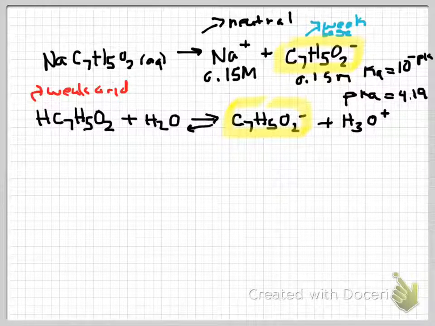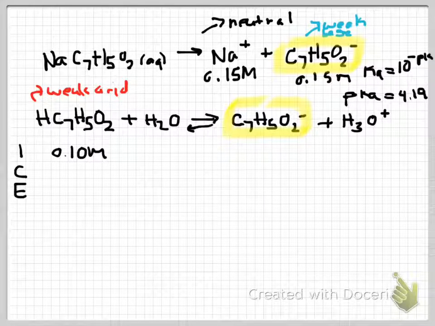So let's look at our ICE table. So our initial benzoic acid in the problem was 0.10 molar. We have no water, or the water is there, it's just not important in terms of this calculation. And then our buffer, our weak base, was 0.15.